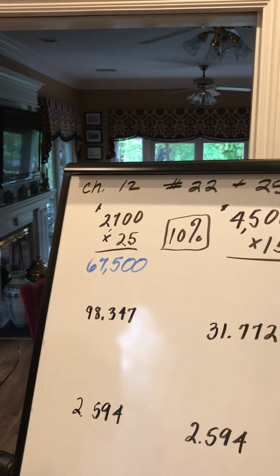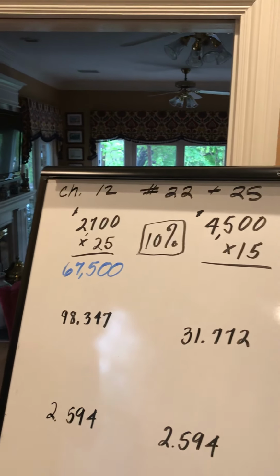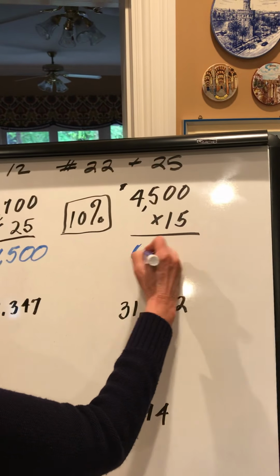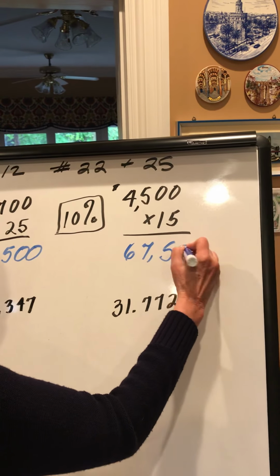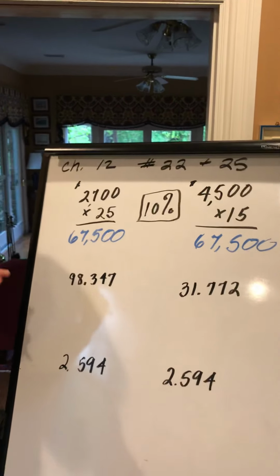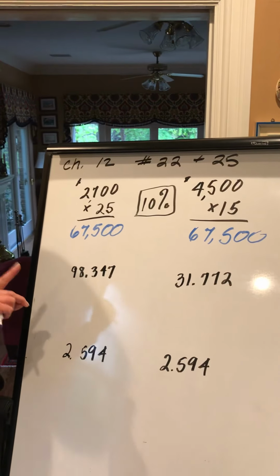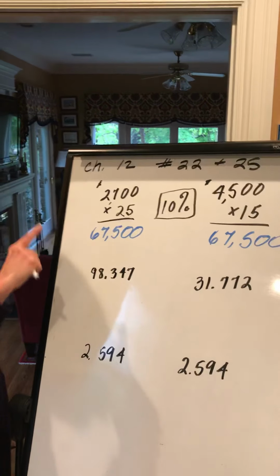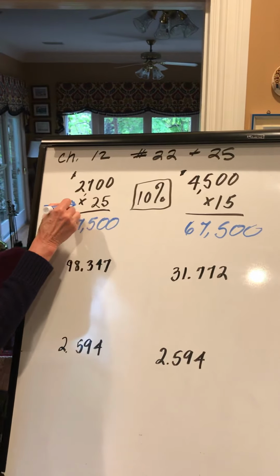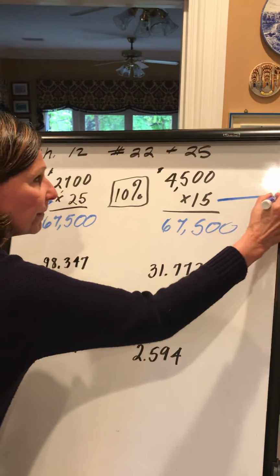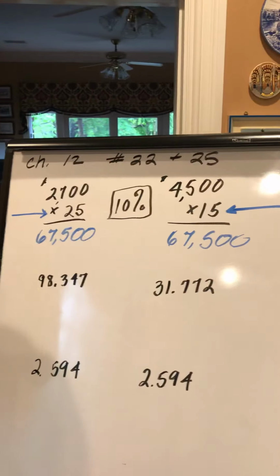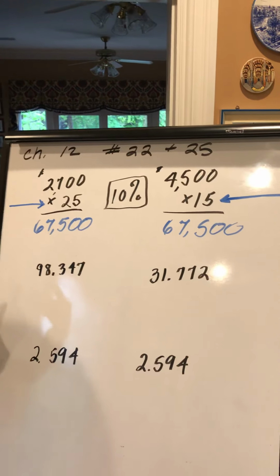Same thing, $4,500 times 15 years, $67,500. So we've established that they're putting the same amount of money in, but in different time periods. This one they're going to do over 25 years, and this one over 15 years. I'm highlighting these two things because we're going to need them for the second part.